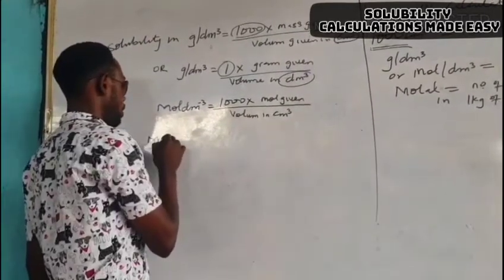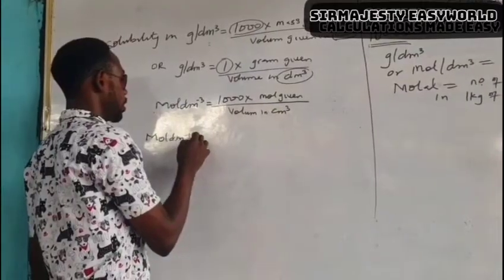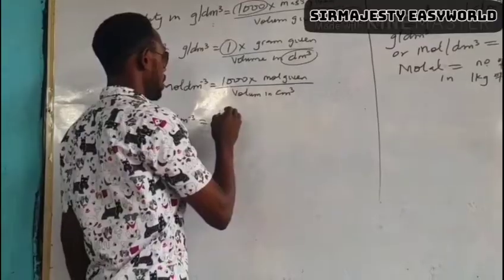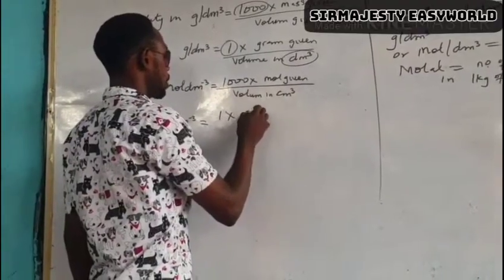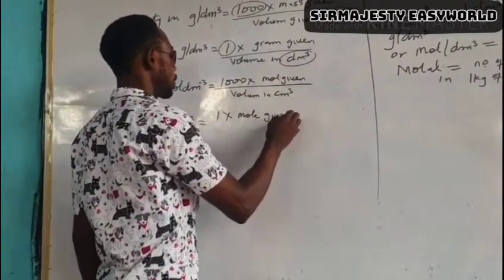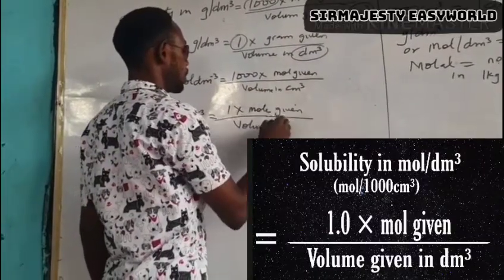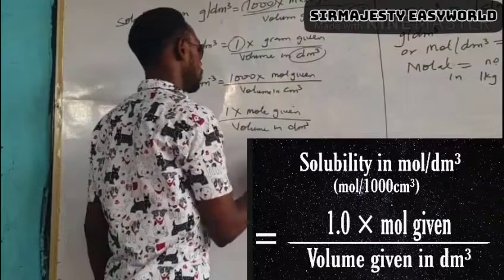Or you can say that mole per dm3 is equal to 1 times mole given all over volume in dm3.